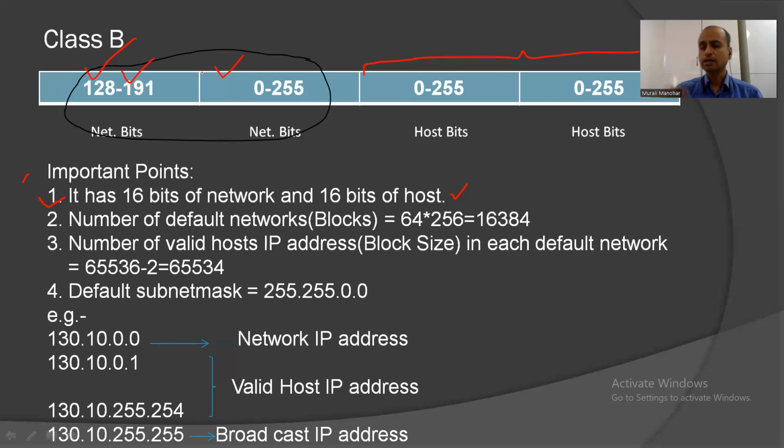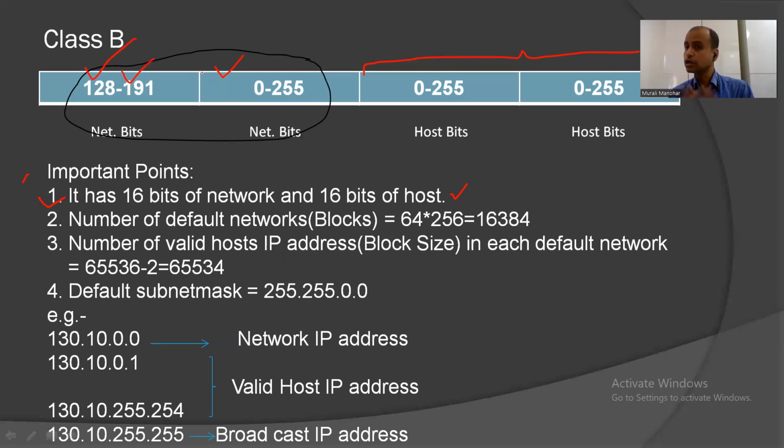If I'm going to take another value, the first value will be the same, 128, and in the next group, I'm going to take 1, giving 128.1. Now, in this 128.1, there is a change. That's why this is a different network. And so on, 128.2, 128.3, 4, 5, up to 255. It means in 128, we can form a total of 256 networks.